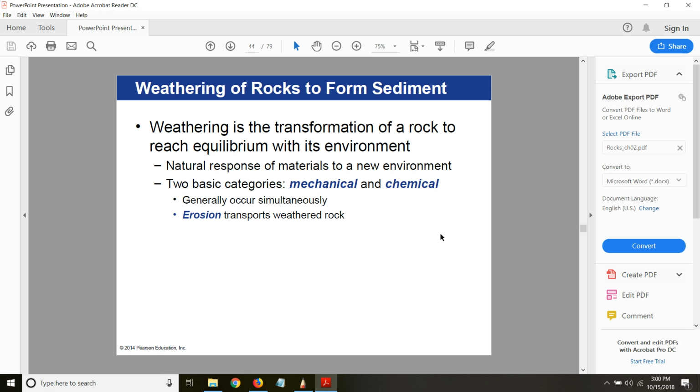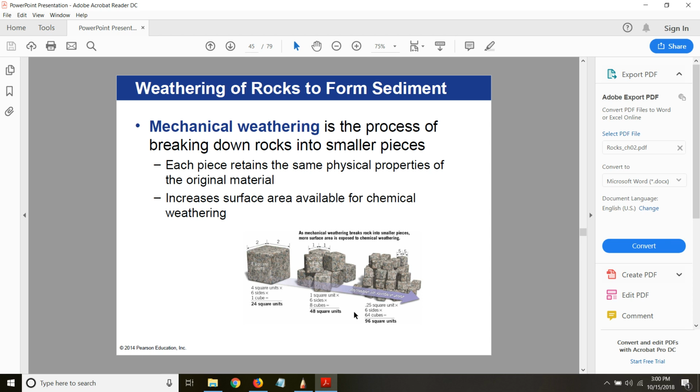There are two basic categories: mechanical and chemical weathering. They generally occur simultaneously, and then erosion is the process that transports the sediments from one location to another. So there are two different types of weathering.